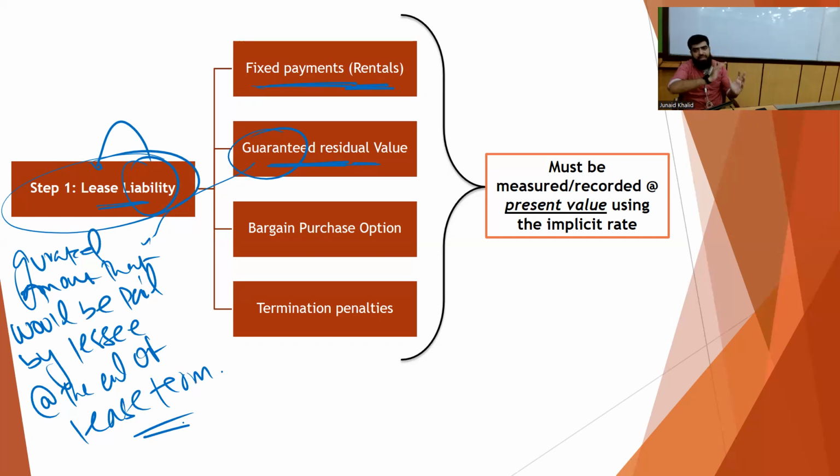A company leased that asset to B company. It means B company is the lessee company. Now there's an agreement. In the lease agreement, there is a clause that the lessee would pay an additional amount at the end of the lease term if the lessor would not be able to sell that asset in the market at that prescribed price.